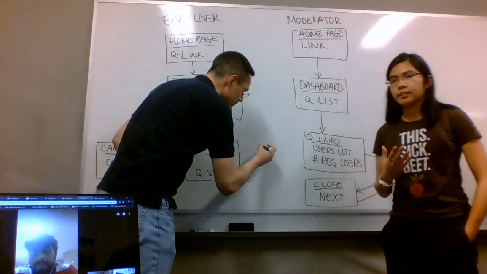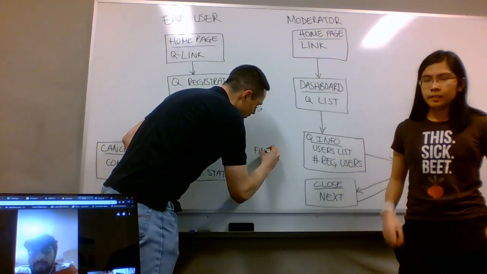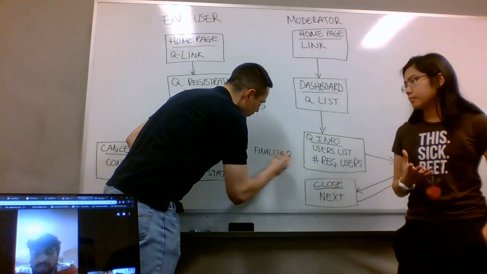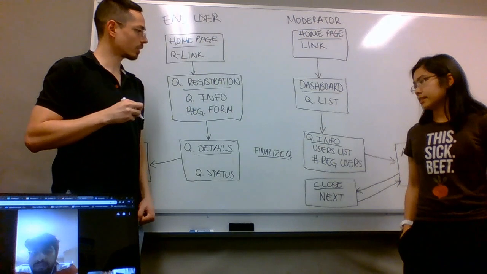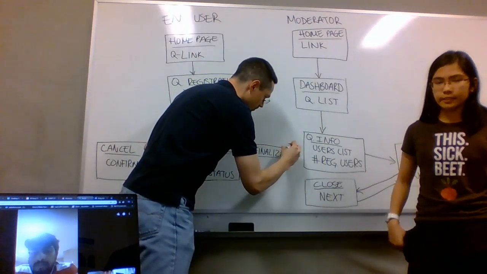So like say at the end of the day, the office or company is closing down, and so they can't serve any more end users. So they can choose to close registration for the queue so that they don't get any more registrations.